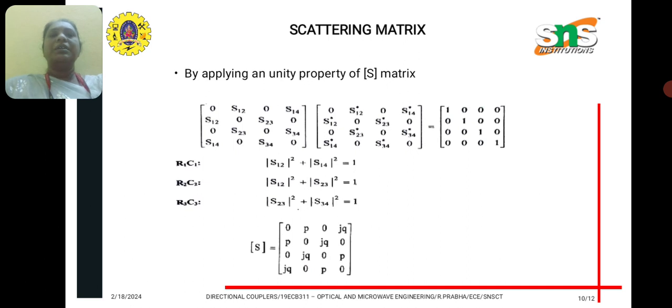By multiplying R2 C2, we get modulus of S12 squared plus modulus of S23 squared is equal to 1. And by multiplying R3 C3, modulus of S23 squared plus modulus of S34 squared is equal to 1. So finally we can write the S matrix as 0, P, 0, JQ; P, 0, JQ, 0; 0, JQ, 0, P; and JQ, 0, P, 0.